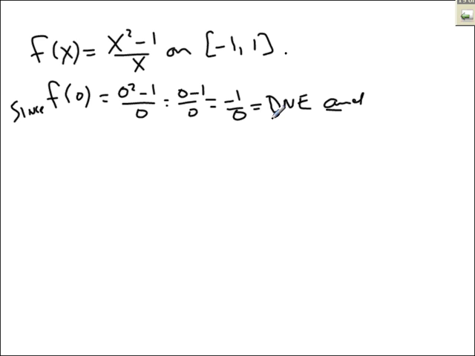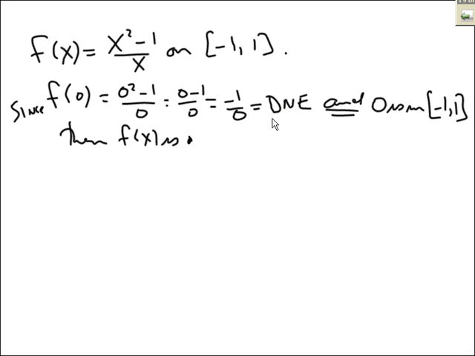And this is key, 0 is in our interval. Then f of x is not continuous on negative 1, 1. It's discontinuous at 0. It doesn't exist.